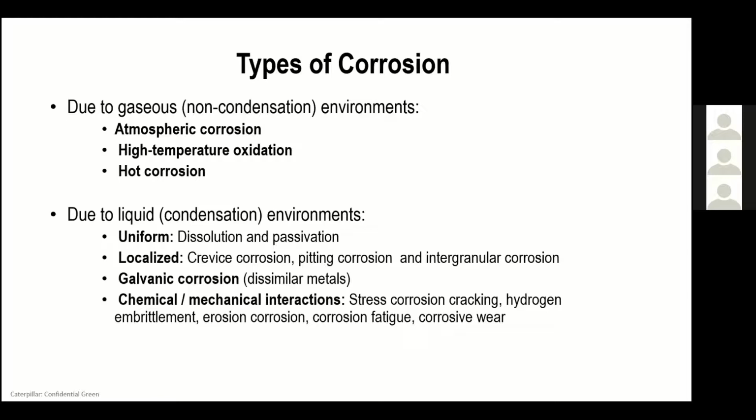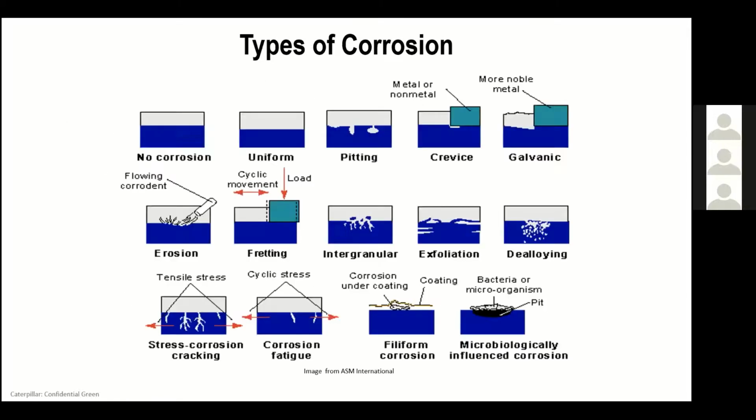We're really focusing on liquid or condensation, but other than galvanic corrosion, which is dissimilar metals, I haven't yet really talked about what we consider uniform or localized corrosion in some of the chemical mechanical interactions. So I think the best way to do that is on the slide that I have next, and it shows an image that's helpful.